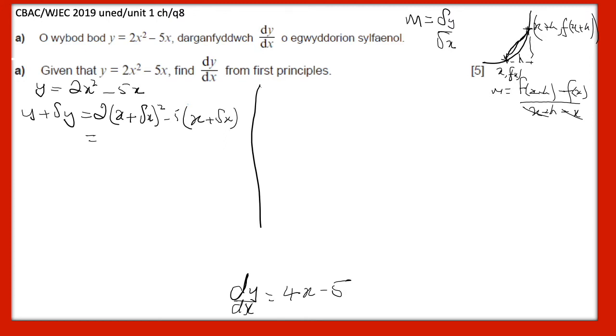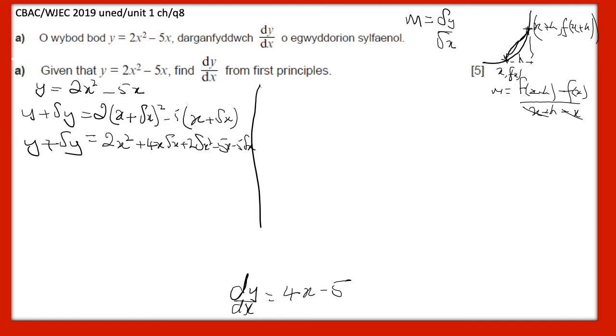Working on the right hand side, if I expand that out, x plus delta x all squared is x squared plus 2x delta x, but I've got to multiply by 2, so it's 2x squared plus 4x delta x plus 2 delta x squared minus 5x minus 5 delta x. Just managed to squeeze it in. And of course that's y plus delta y.